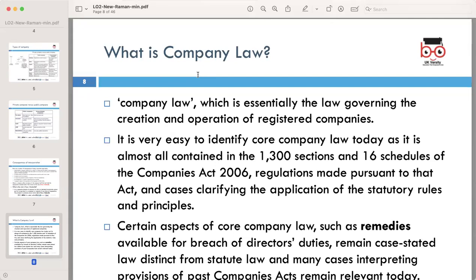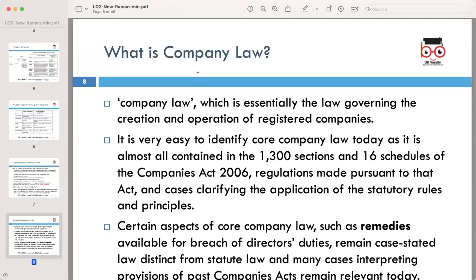So the mention of remedies for breach of directors' duties and the enduring relevance of interpretations of past Companies Acts in legal proceedings add to the depth of understanding of company law.